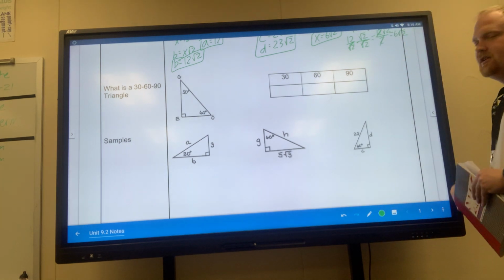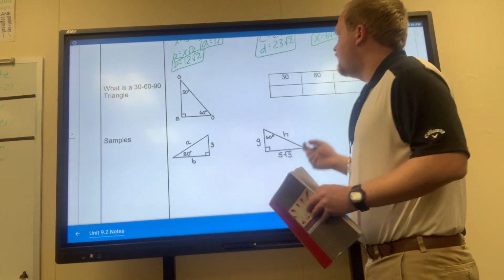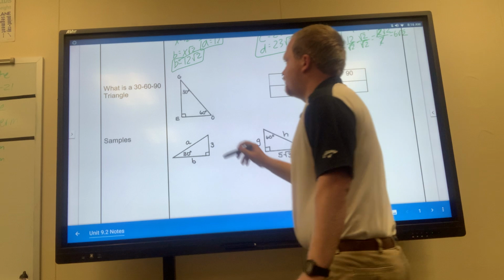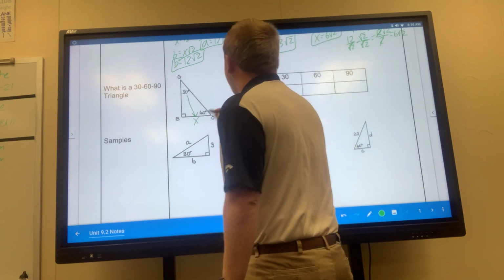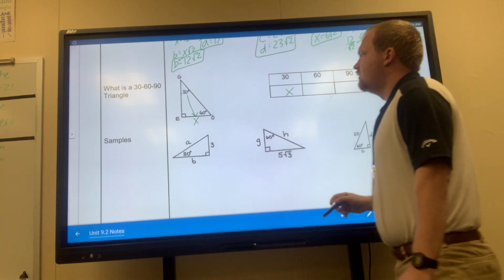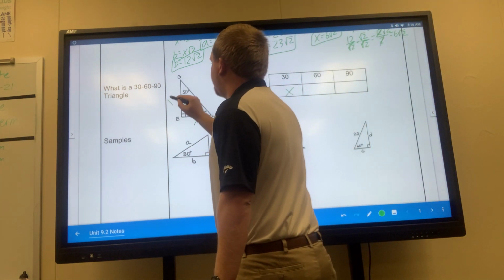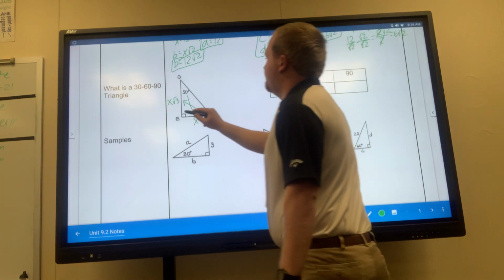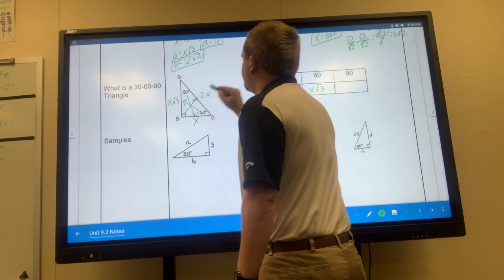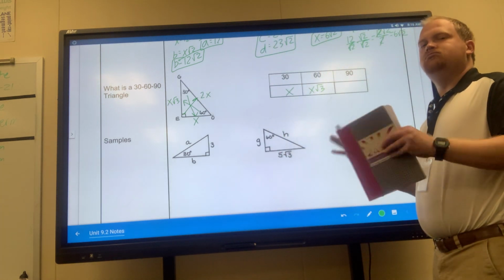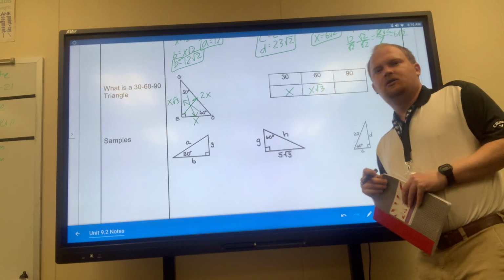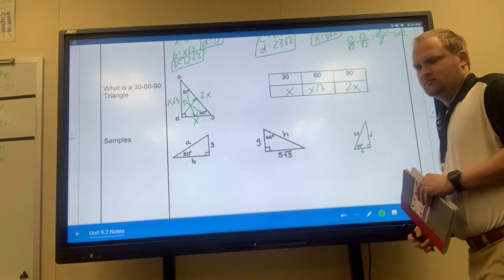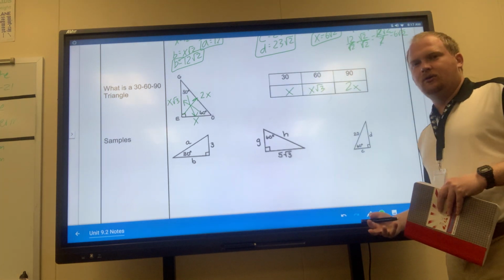Now, the next triangle we have is a 30, 60, 90-degree triangle. So guess what? Opposite 30 degrees is x, just a single value of x. Opposite 60 degrees is x square root of 3. Opposite 90 is 2x. It's kind of tricky to remember, but it's doable.